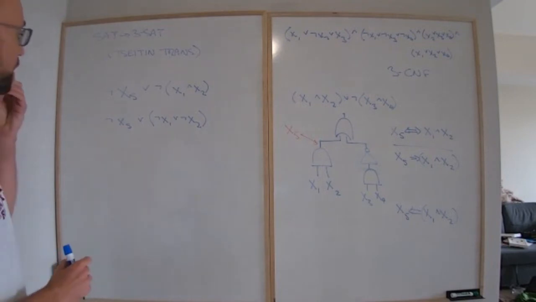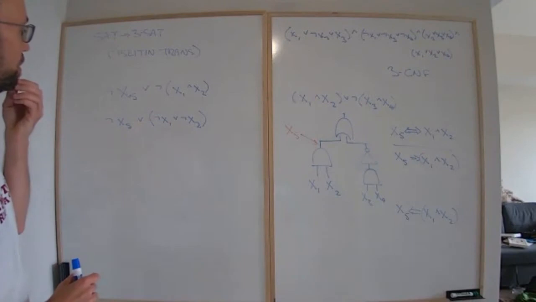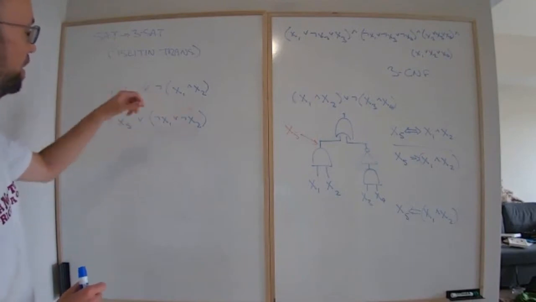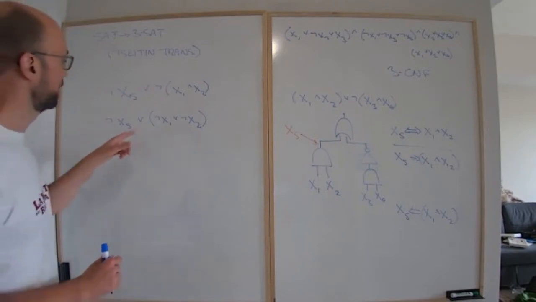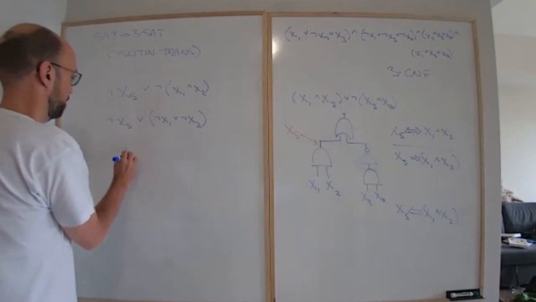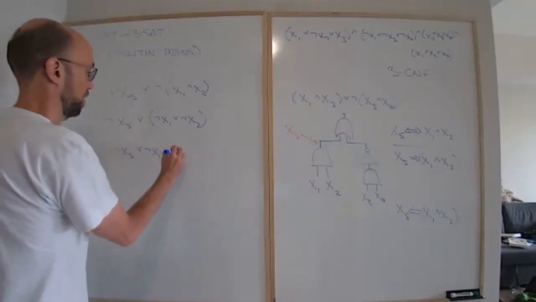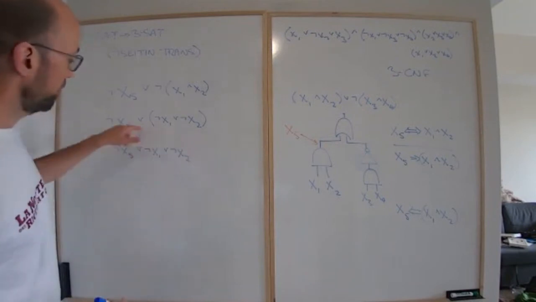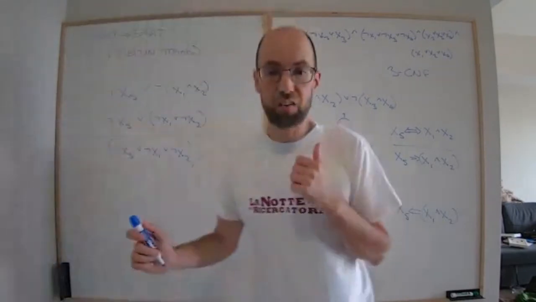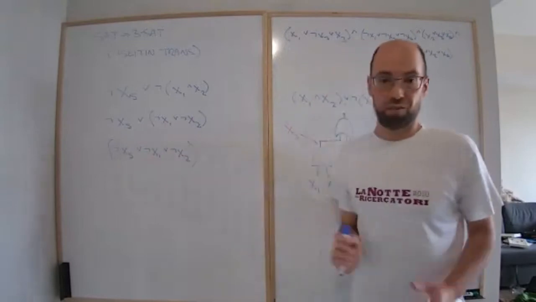Because this is all an or, you can take the brackets away. So you get not x5 or not x1 or not x2. And look, this part is now a disjunction of three literals.